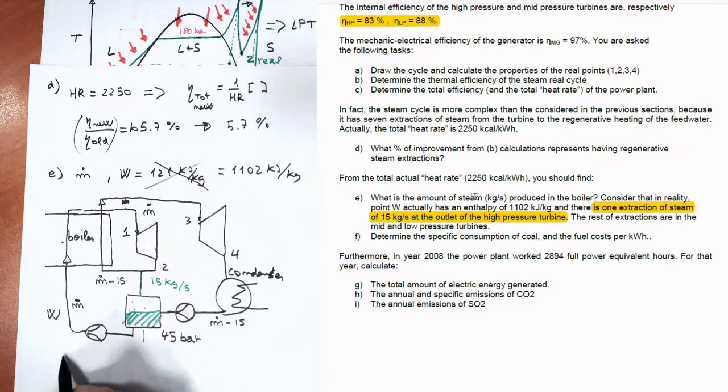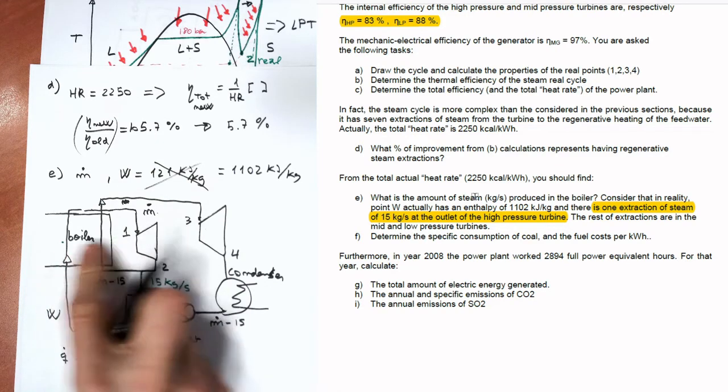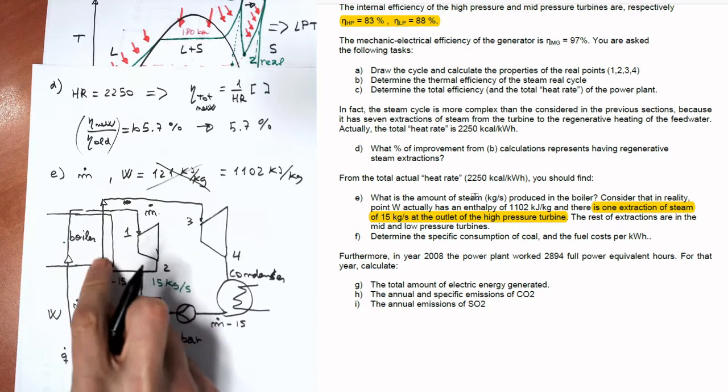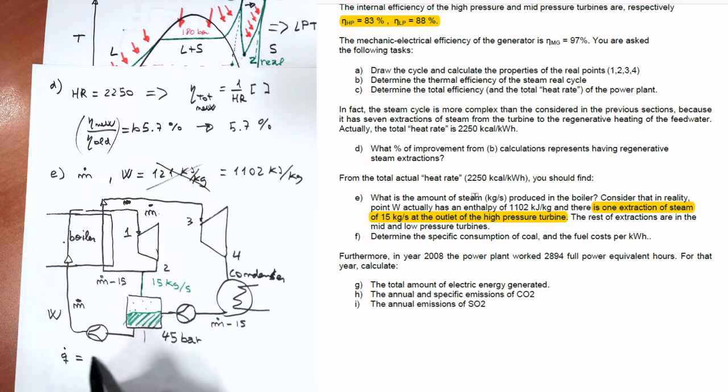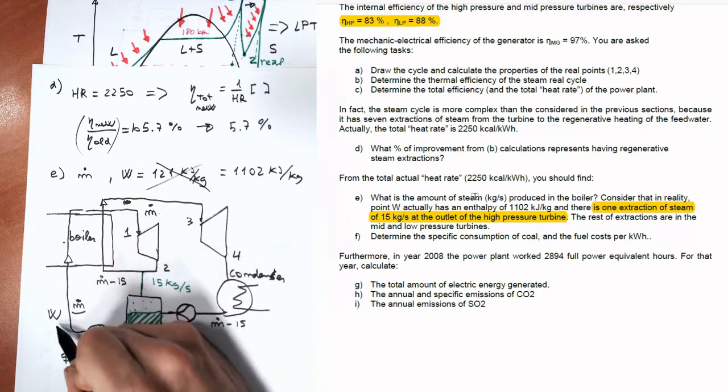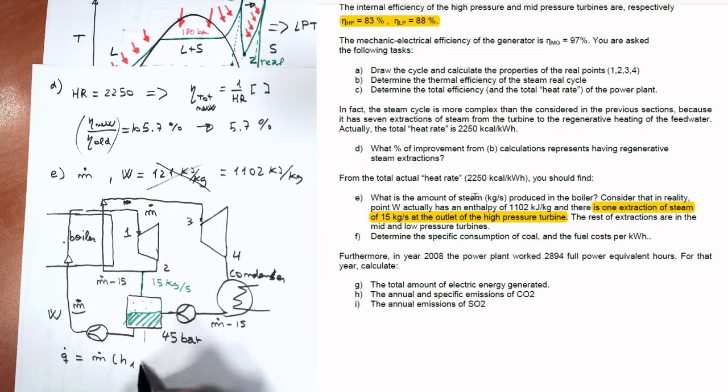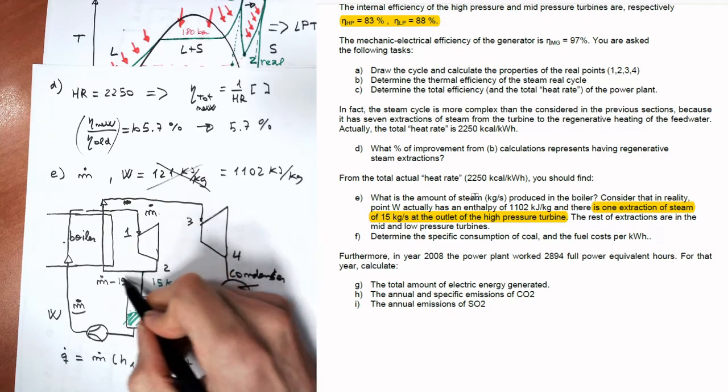and so we know that the heat at the boiler, the heat that goes to the steam here, has to be mass flow by the difference of enthalpy from 1 to W, H1 minus HW, plus what's going here.